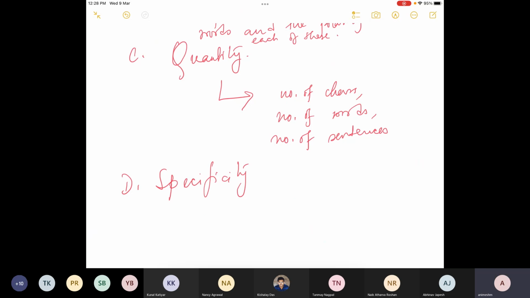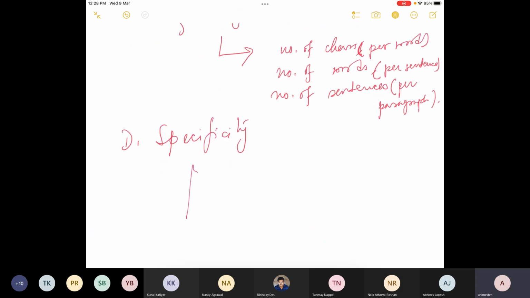So these are some of the features they used: number of characters expressed as a fraction per word, number of words per sentence, and number of sentences per paragraph.